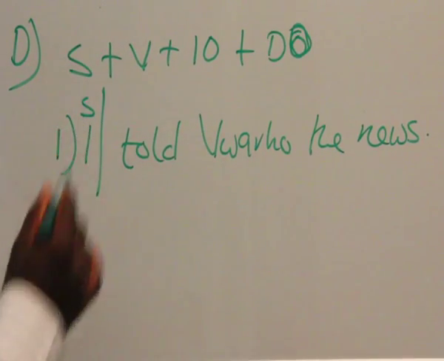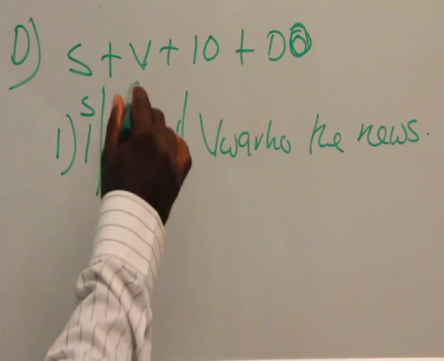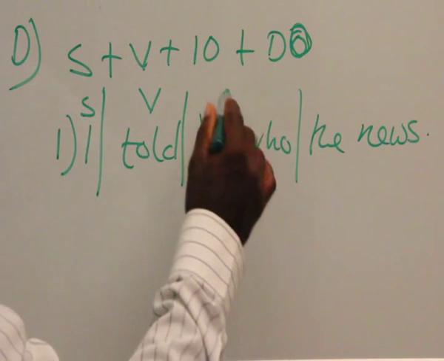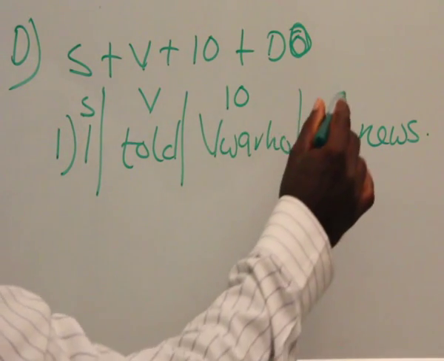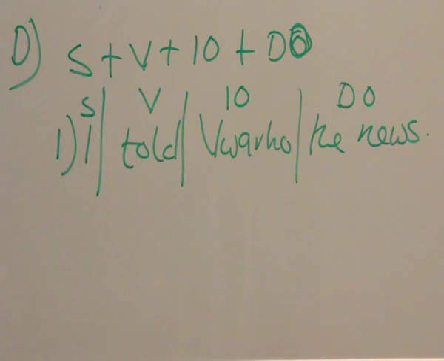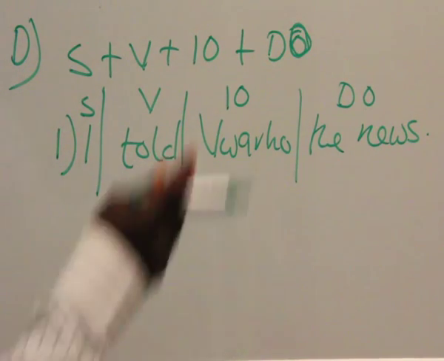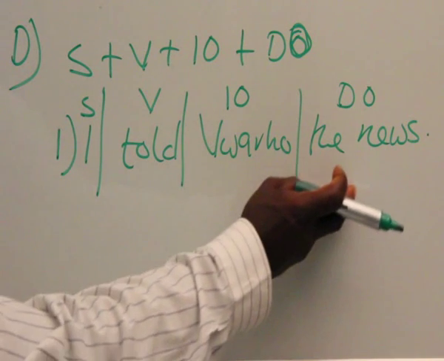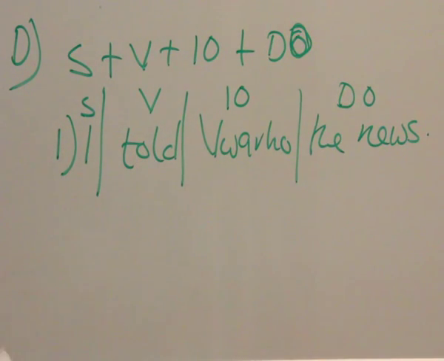We have a subject, we have a verb. Now, Wara happens to be our indirect object, while this is our direct object. What is told actually is the news. Usually the indirect object is the recipient of the direct object. The indirect object is the recipient of the direct object. That is how it is.